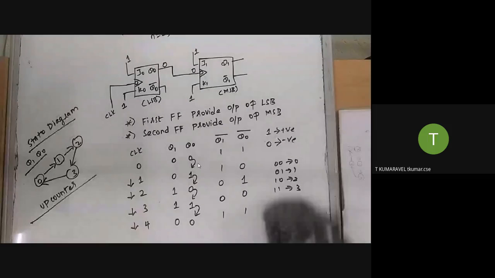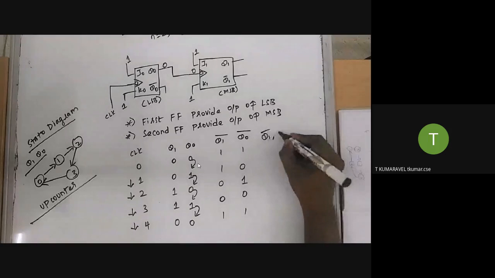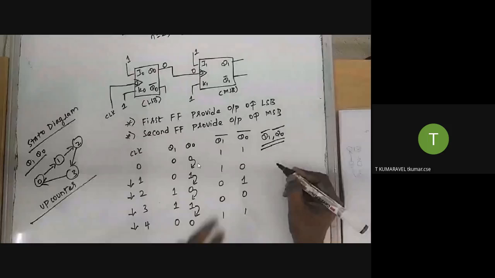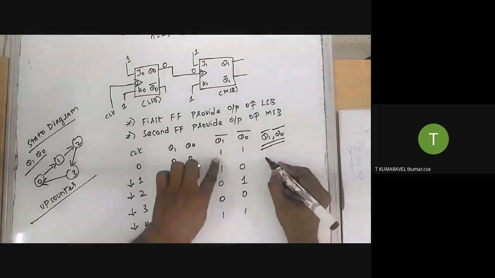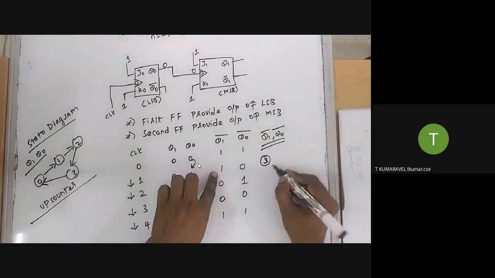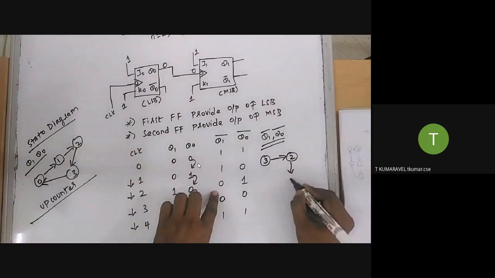the Q1 bar and Q0 bar are going to provide the functionality of a down counter. I will show you. What is the initial state? The initial state is 1, 1, which is 3. What about 1, 0? 1, 0 is 2. What about 0, 1? 0, 1 is 1.